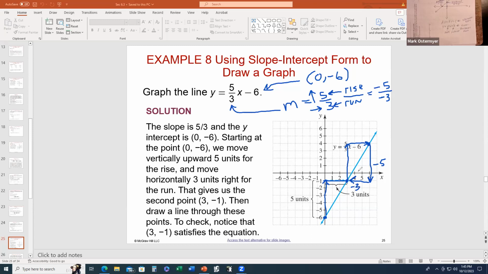Do you agree? So there you go, up 5 and 3 to the right, or down 5 and 3 to the left, from one point to another is up to you. You'll be able to locate points on this line, put a line through the points you plotted, and you've got the graph. So knowing the slope and the y-intercept of a line is more than enough information to accurately graph the line. So now we have 3 ways of graphing linear equations.